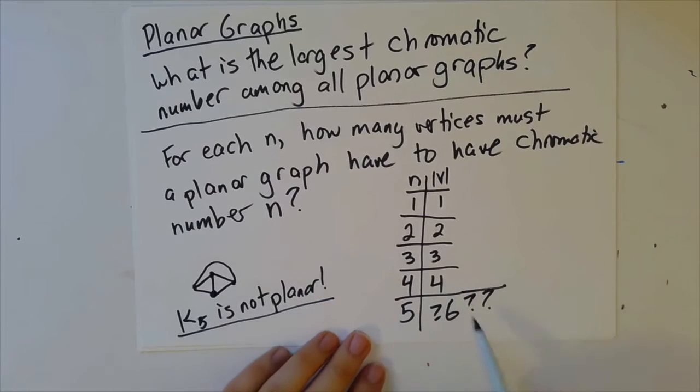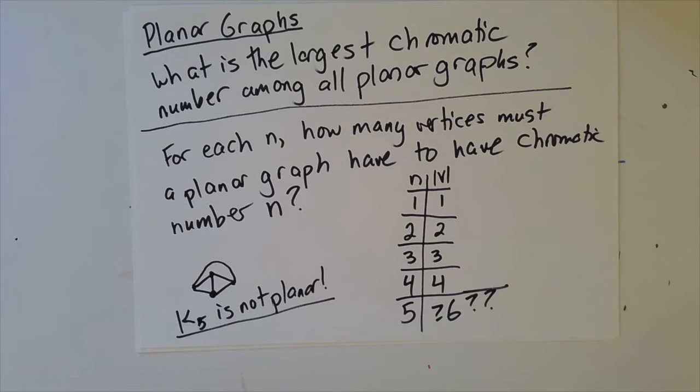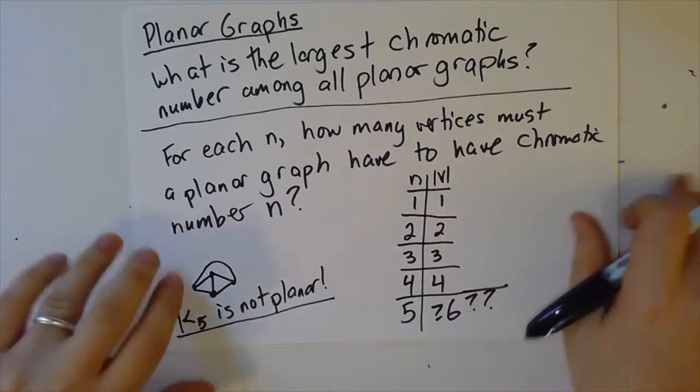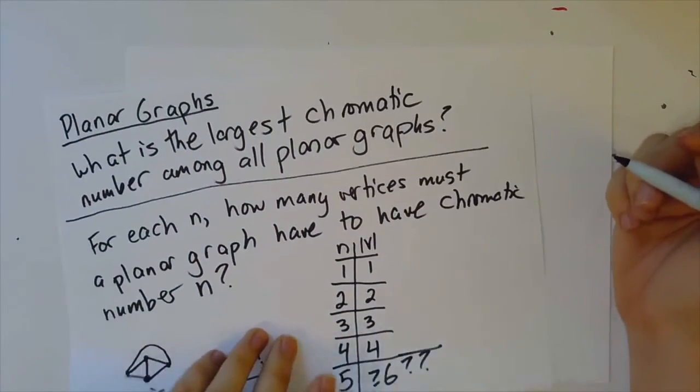You could go through all the graphs with 6 vertices, and you could figure out, okay, of those that are planar, which ones have chromatic number 5 or 6 or whatever, and so on and so forth. So I'm going to jump here. I'm going to jump up a bit, and I'm going to jump to n equals 6.